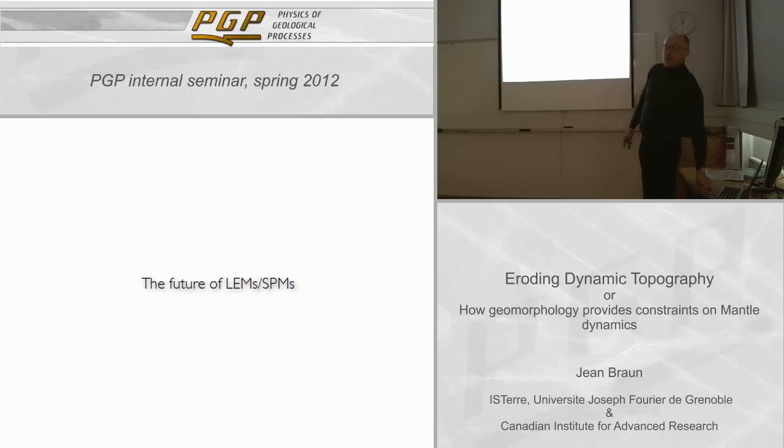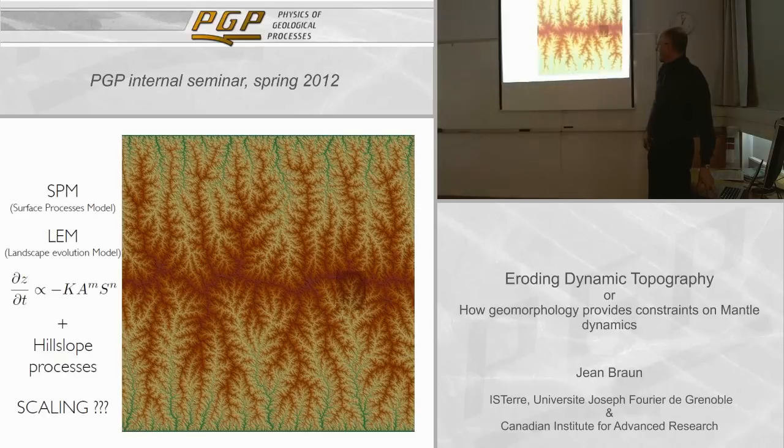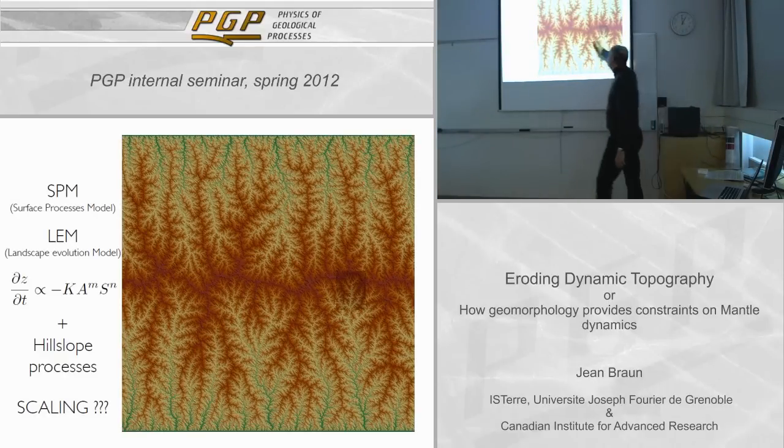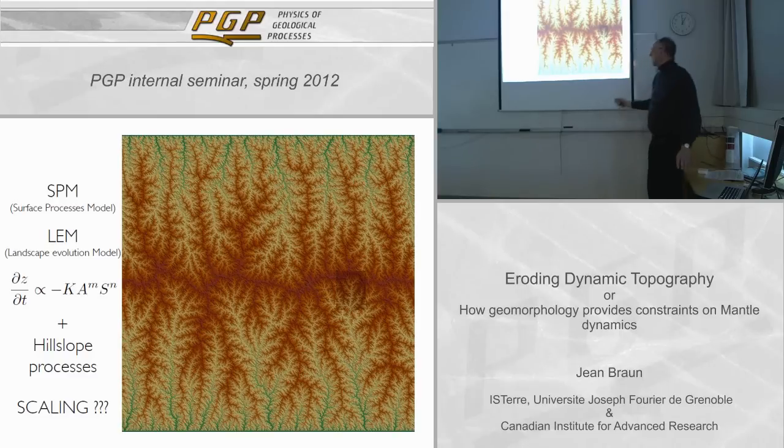Okay, maybe give me another 5 minutes so that those of you who are numerical modelers can appreciate what we do to compute these fancy-looking evolving landforms. As an example of one, all the images I'm going to show you are not blown up.